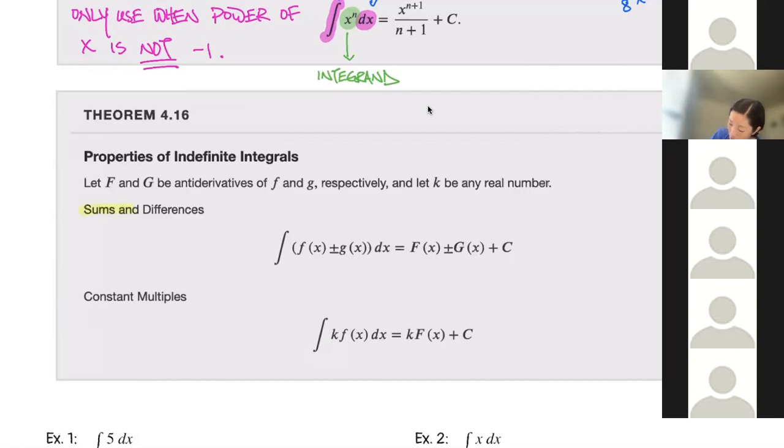So sums and differences: if we have plus or minus something, we can just take the integral of each part and then add them together. And then this one is actually incredibly useful, which is when we have a constant multiple. Here k stands for a constant. I can go ahead and factor out that constant and then take the antiderivative.